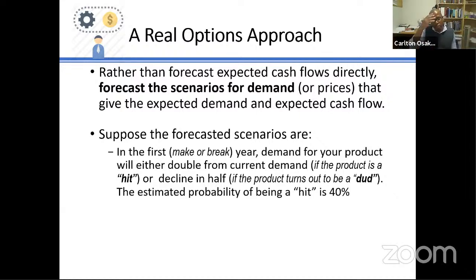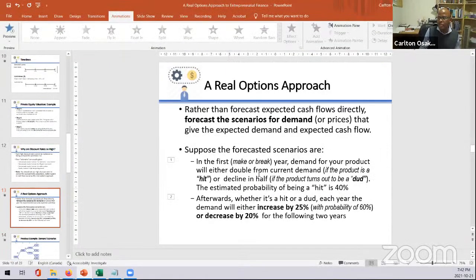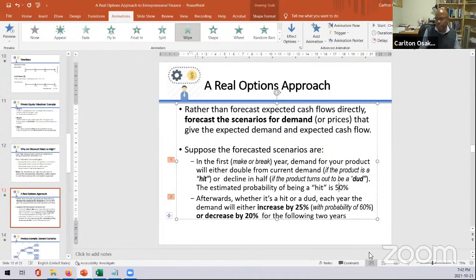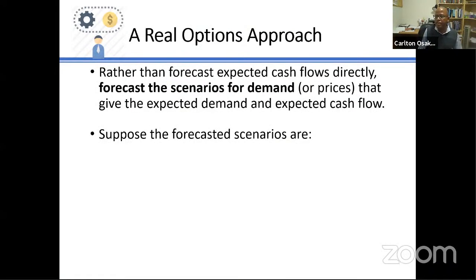In this case, your product is sort of a dud, and it's not going to make a whole lot of money. It might still make money, but not a whole lot. We estimate the probability of a hit at, say, 40%. Let me change that and just estimate it to be 50%, okay? At 50%.